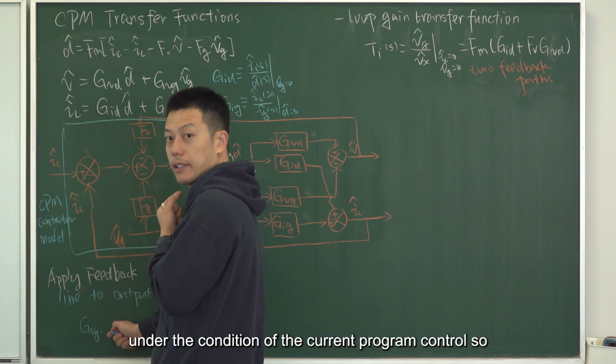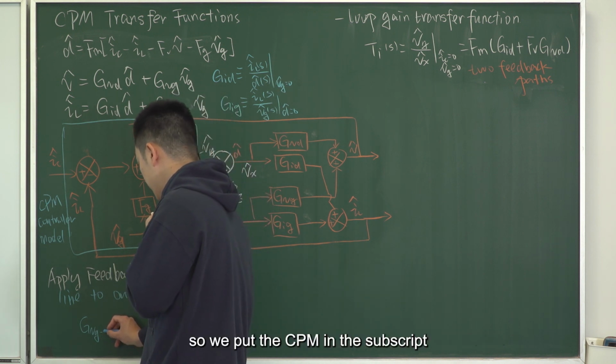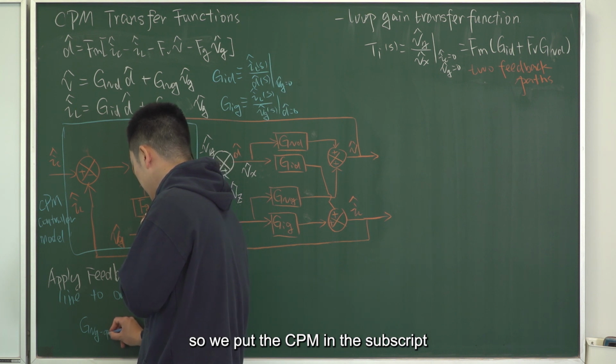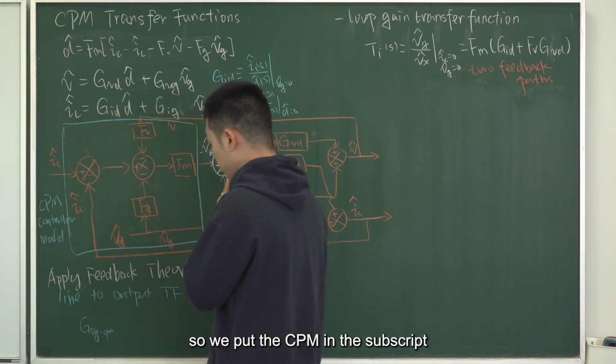Under the condition of the current program control, so we put the CPM in the subscript.